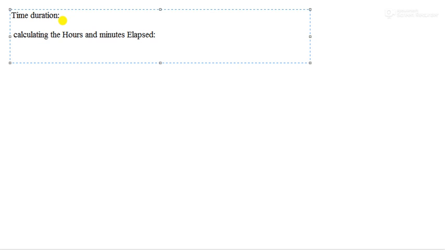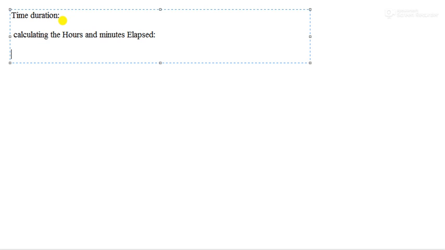Here, if we know when an activity started and when it was over, we know the duration of the activity, that is how long it took or how much time elapsed. So when we start one activity, we know how much time it will take from the starting time and the ending time.